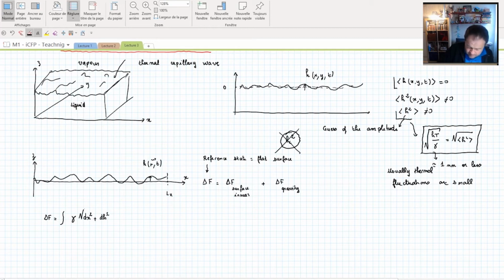And then I think that I have to subtract the flat case, and I have to add the gravitational energy, which will be rho g h square over 2 dx.